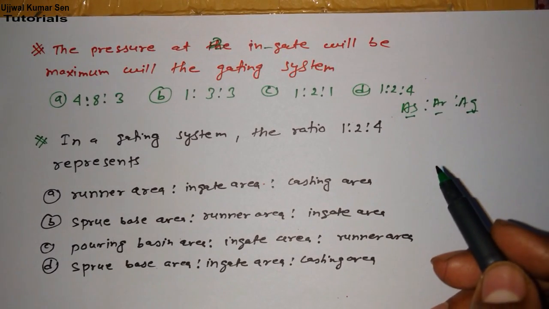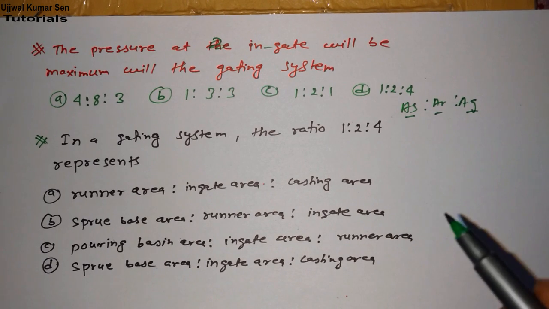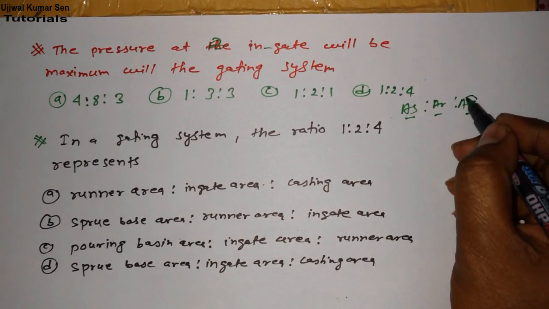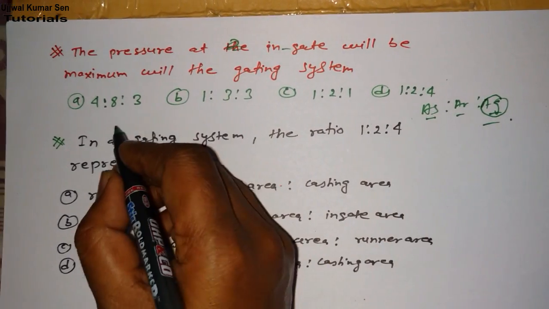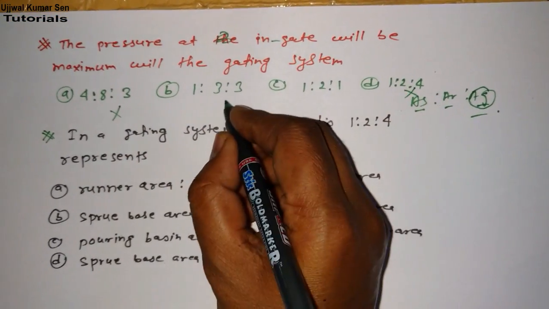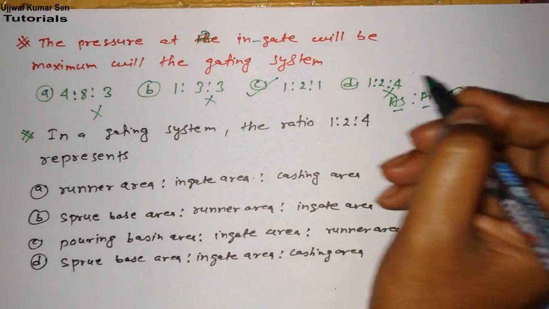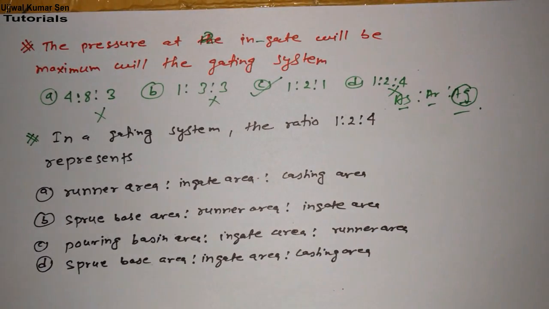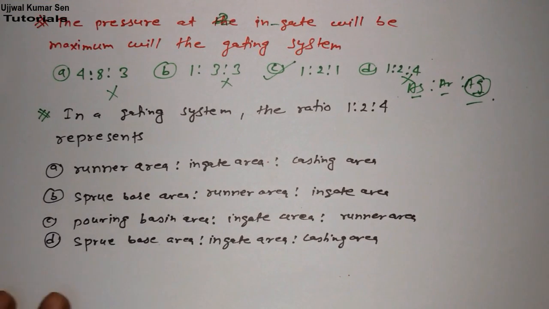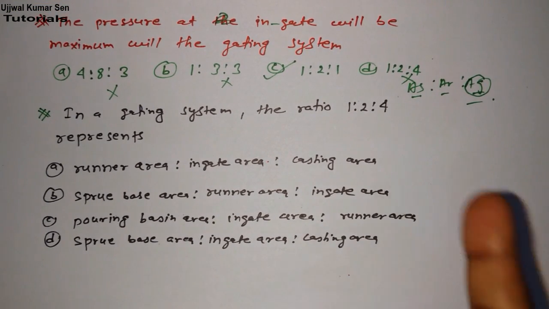For a pressurized gating system, the gate must be minimum. Among all options, this one cancel, this one cancel, this one cancel, and the remaining one is 1:2:1, which is the right answer. This is a pressurized gating system. Probably you will get confused about 1:2:1.